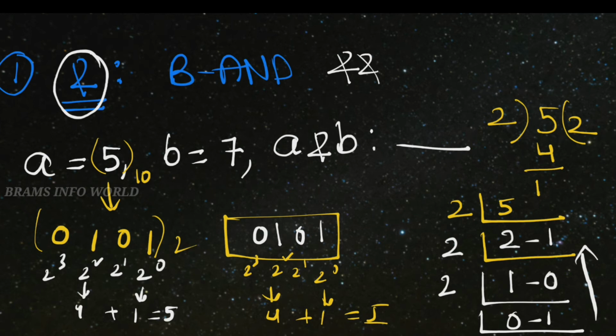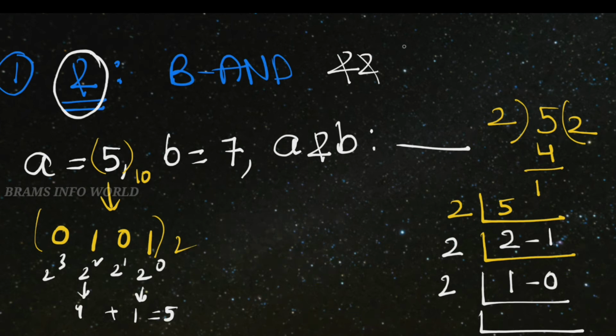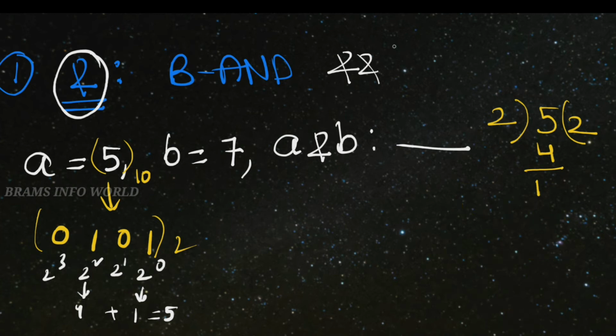To convert the 7 value, see, 7 is not a binary number. 7 is a decimal number, right? How to do this? We take 7, divide by 2: 2 3s are 6 and remainder 1, then 2 1s are 2 remainder 1, and remainder 1.